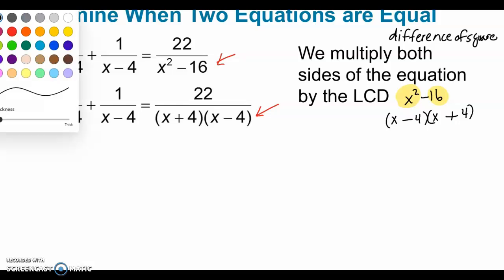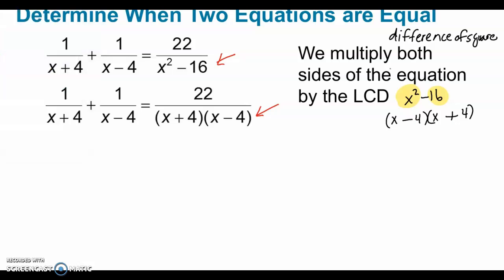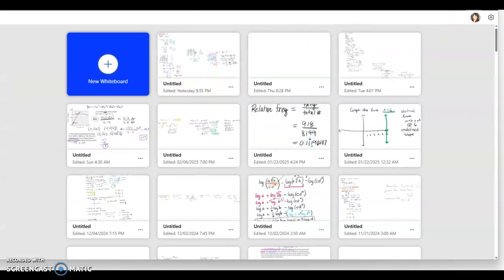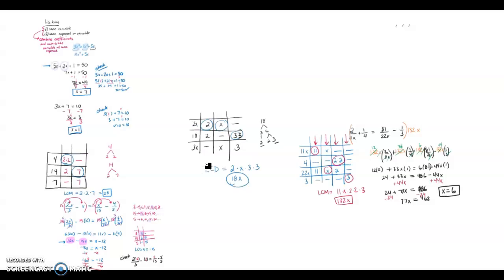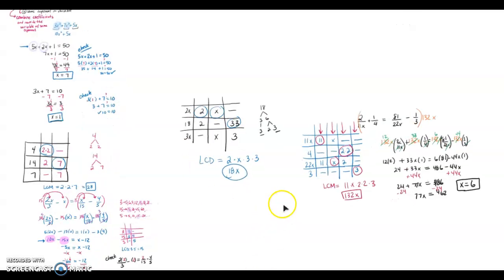Now we are going to multiply both sides of the equation by the LCD. Let's grab a whiteboard, and you will see that it looks a little different than our last ones.